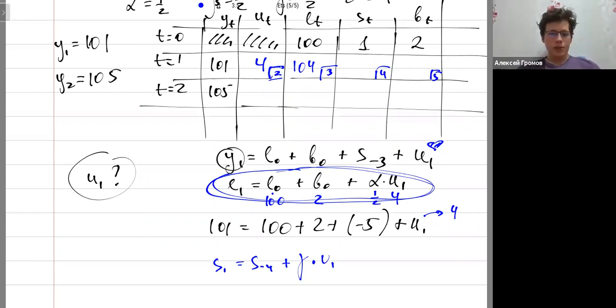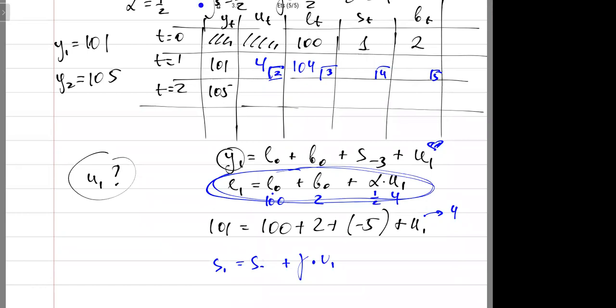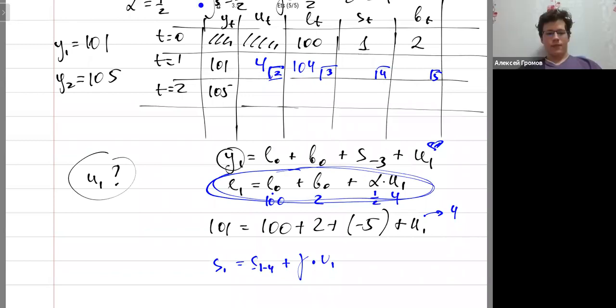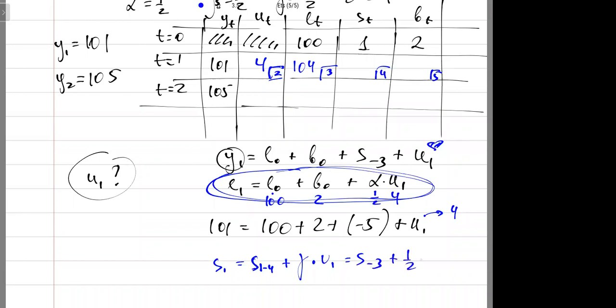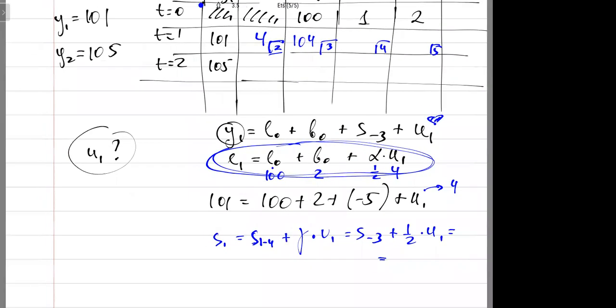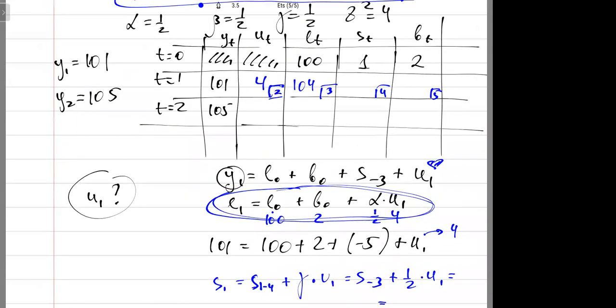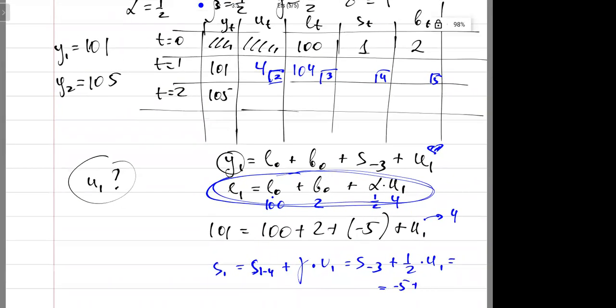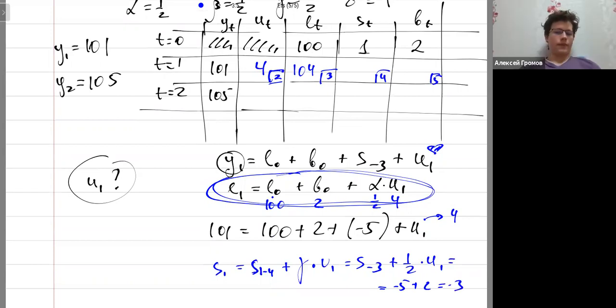Wait, it's S minus 3. So it will be S minus 3 plus 1/2 times U1, and it will be minus 5 plus 2. Yes, it's minus 3.